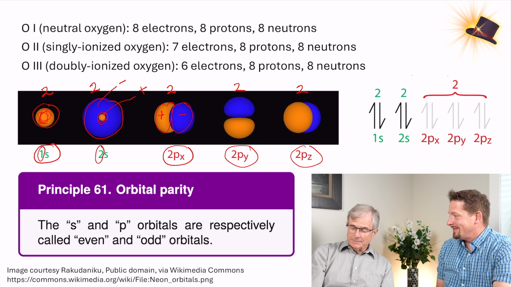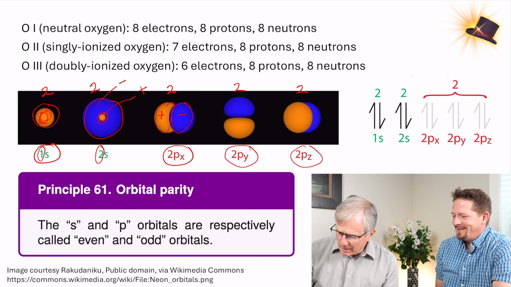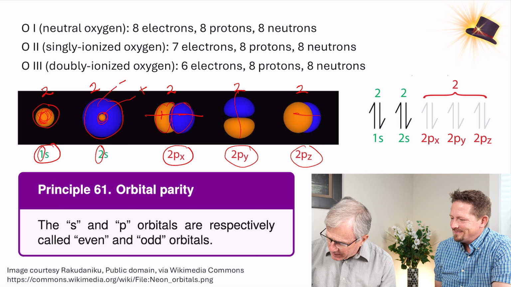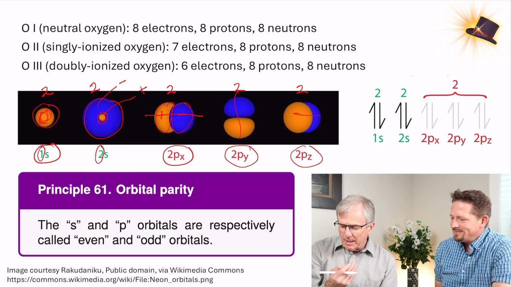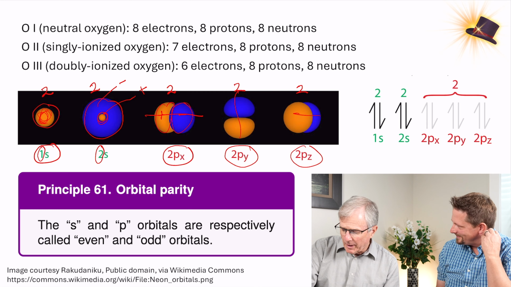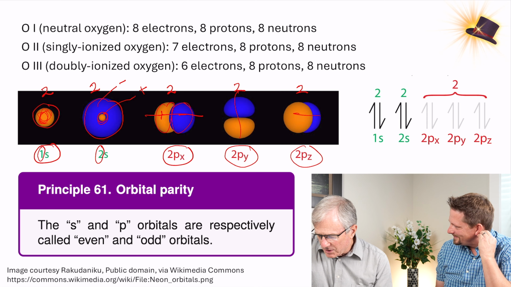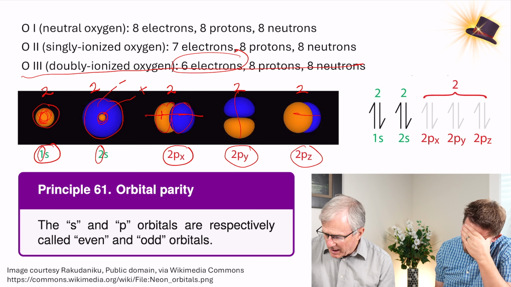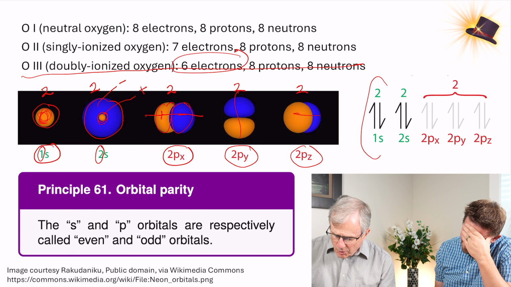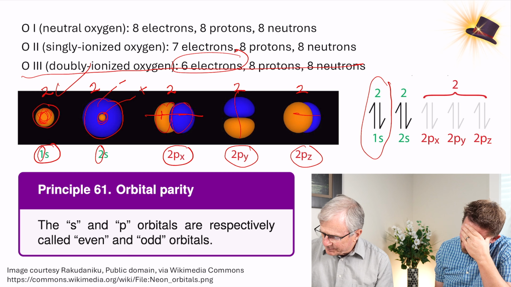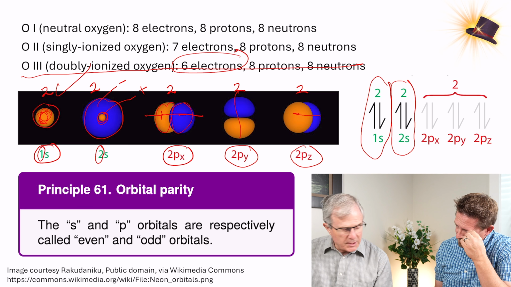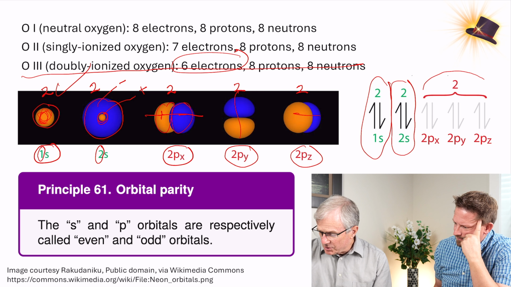But the px, py, and pz, this one's oriented along the x, y, and then this is oriented along the z-axis in the 3 coordinate directions. You get these orbitals. Now the interesting thing about doubly ionized oxygen, it has 6 electrons. 2 are going to go on this 1s shell. That's this one right here. 2 are going to go on the 2s shell because they're the lowest energy shells.